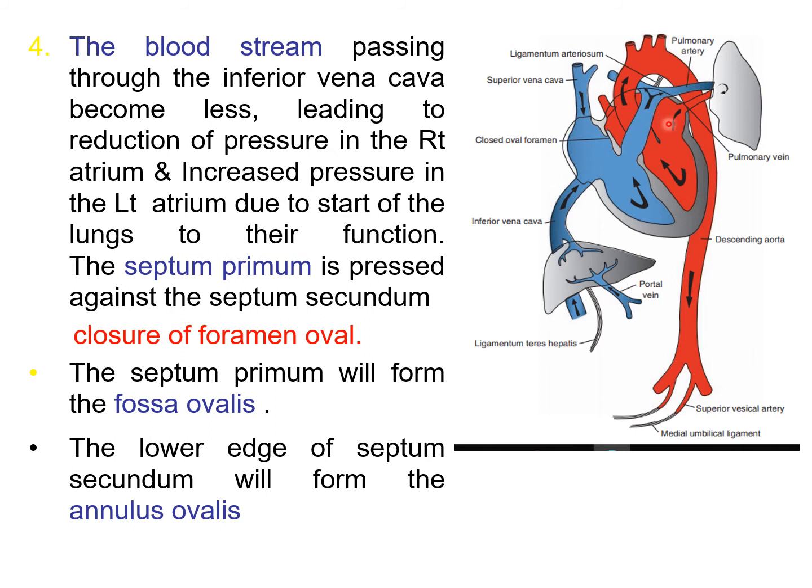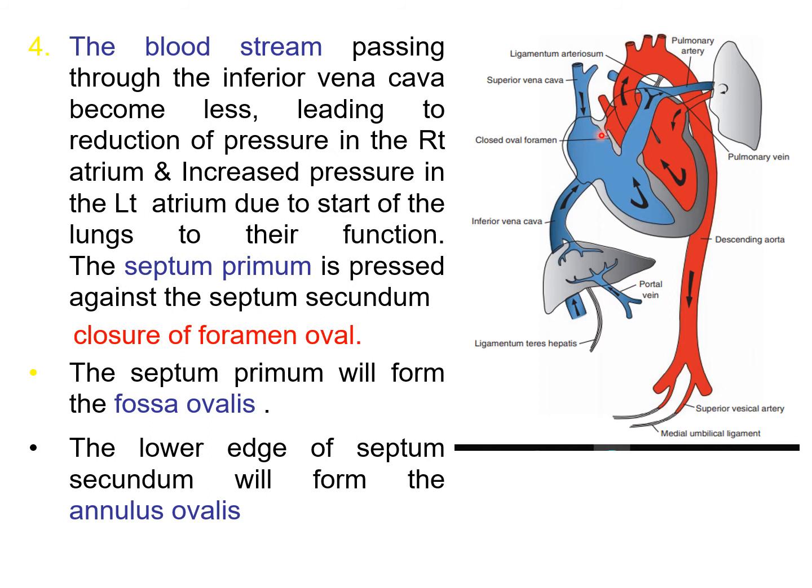Why does the pressure increase? Just after birth and the first baby cry, the lungs expand and start to inflate and deflate, and because of that, and also the decrease in the pressure in the right atrium, because the adult circulation has started, the pressure in the left atrium increases. Because of the pressure increase, it compresses the septum primum against the septum secundum.